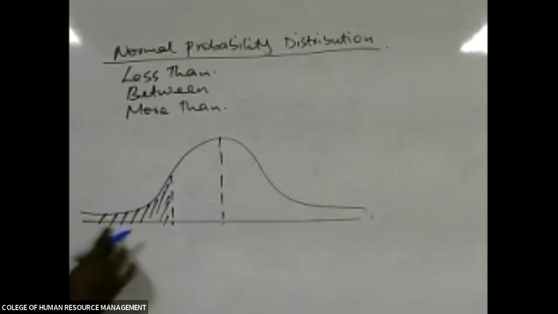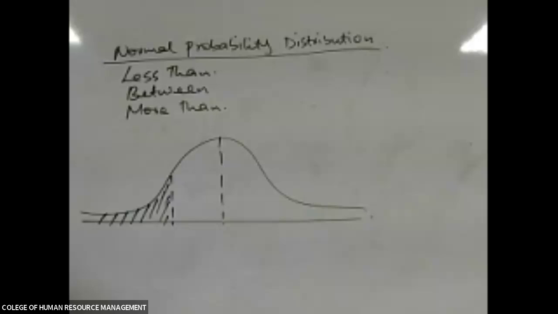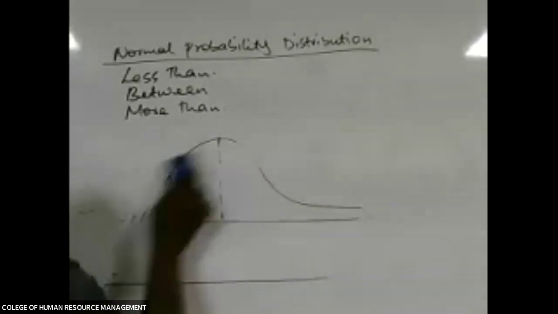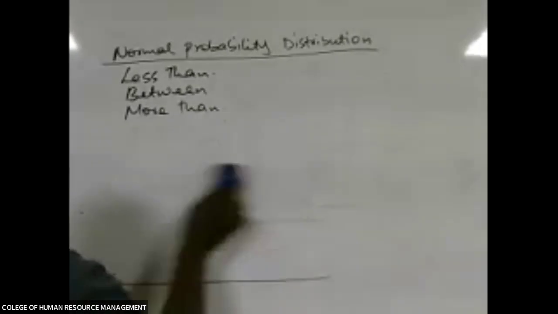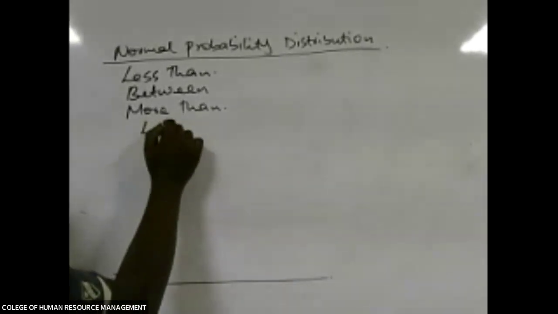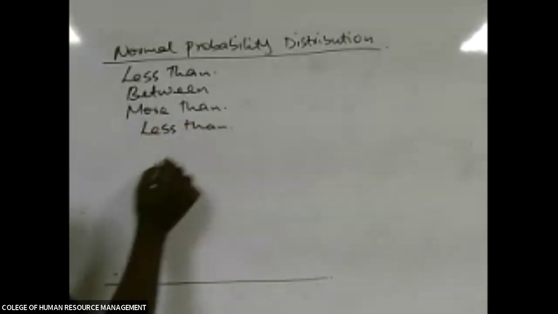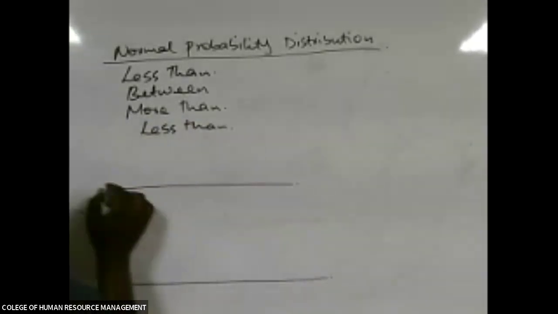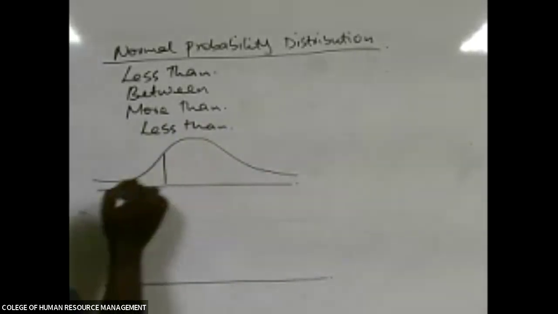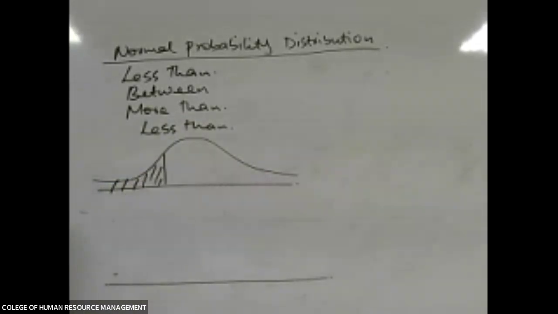If you are told between, let me draw a smaller one. For less than, the area we are interested in is this area to the left. That will be the answer.